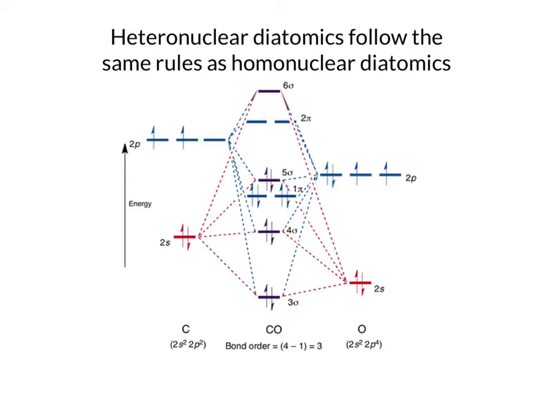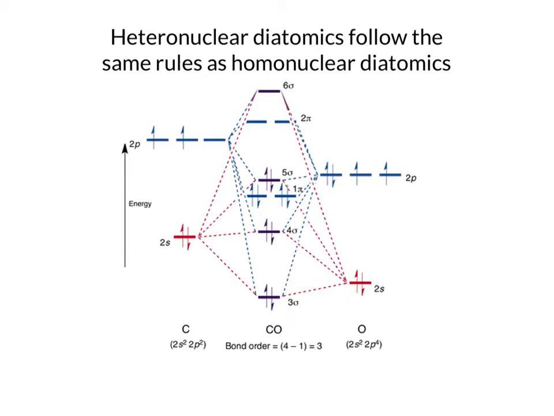So remember that 2pz has the right symmetry to combine with the 2s orbitals, and this higher energy 2pz orbital pushes these molecular orbitals up a little bit from where they would be if you were just combining 2s orbitals on oxygen and carbon. So that affects the energies of these molecular orbitals because we get mixing in from the 2pz orbital of the oxygen with these 2s orbitals.